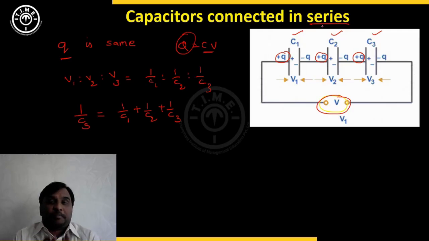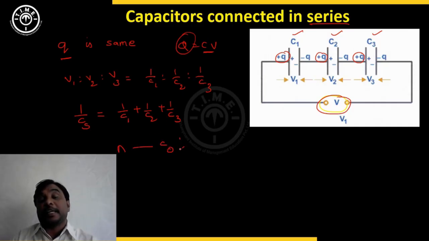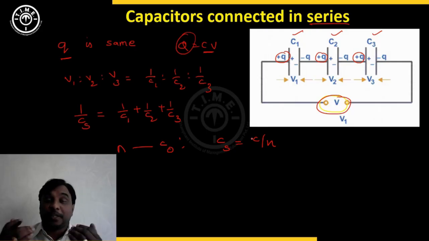How to identify it? Point number 1: charge remains the same on each capacitor and potential divides in proportion to the reciprocal of their capacitances. If n identical capacitors, each of capacitance C, are connected in series, the effective capacitance is C by n. Effective capacitance decreases when you make a series connection.